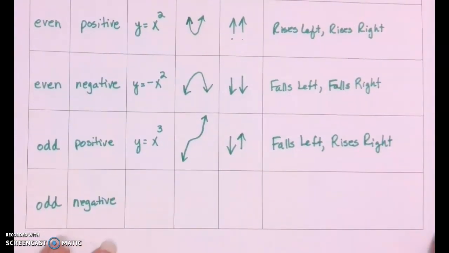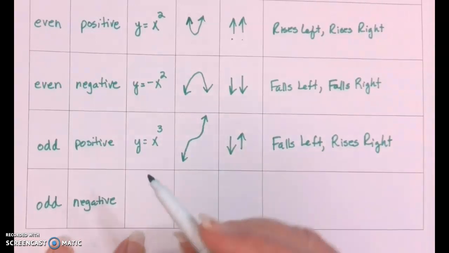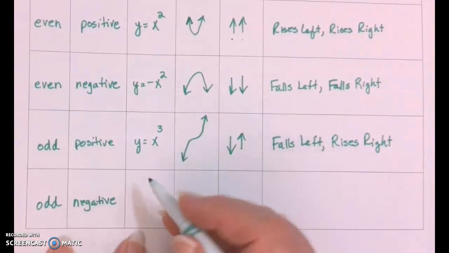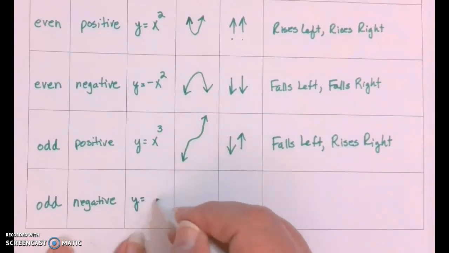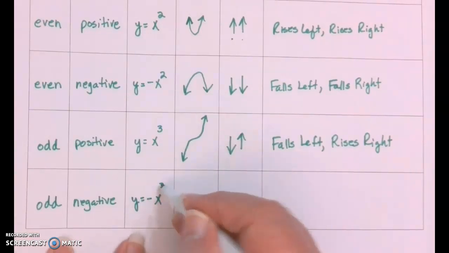And if it is odd degree, 3, 5, 7, but usually we use 3 for us to think about it's similar to, or if you forget, put it in your graphing calculator so you can remember what the end behavior looks like for these 4 types of functions. So it's odd degree negative, that would look like y equals negative x to the third power.